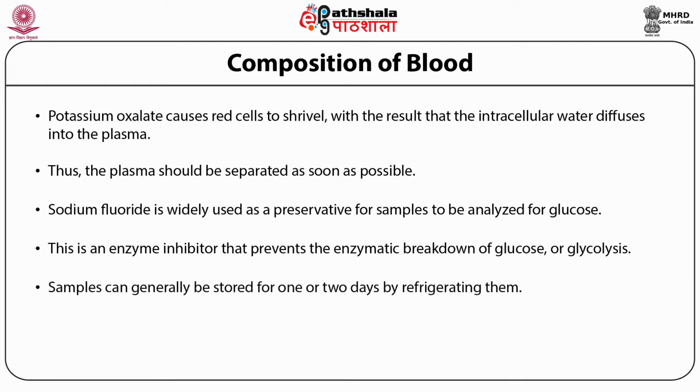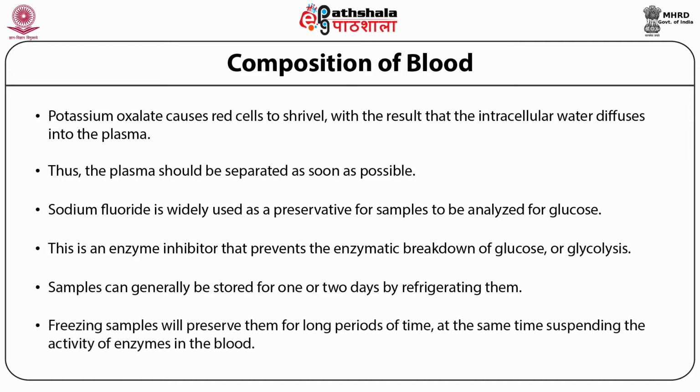Samples can generally be stored for 1 or 2 days by refrigerating them. This slows down enzymatic and bacteriological processes but does not eliminate them, so it is best to analyze fresh samples when possible. Samples are always brought to room temperature before analyzing.